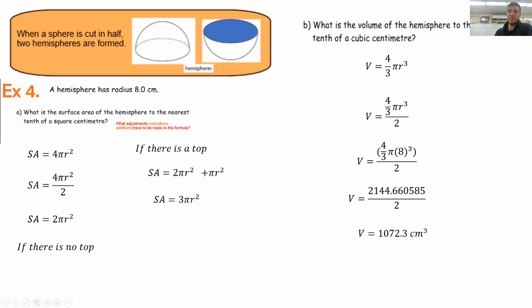So that becomes 3 pi r squared. In this situation, rarely will we ask you for the surface area with no top on it. So 95% of the time, the surface area of a hemisphere is 3 pi r squared. And then you will get 603.19. Okay, so other than that, we are done for the day.